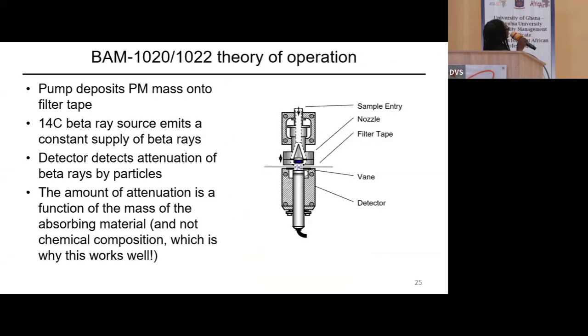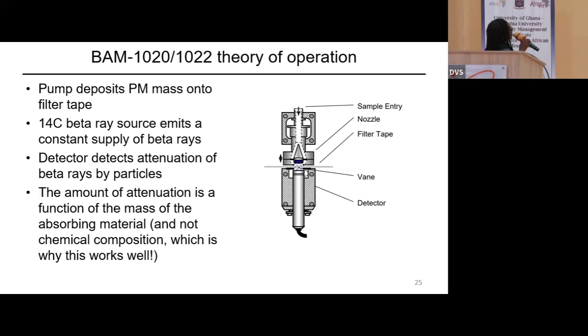So it's all still about the BAM. The BAM uses the 14C carbon beta ray source that emits a constant supply of beta rays. The detector detects the attenuation of beta rays by particles, just like the frequency oscillation.